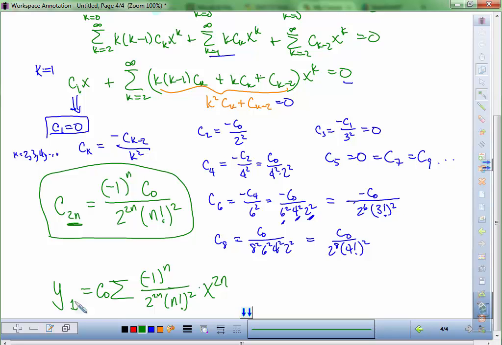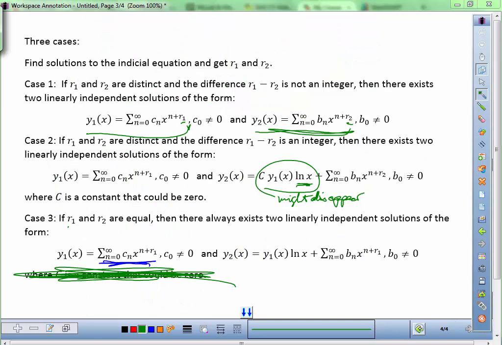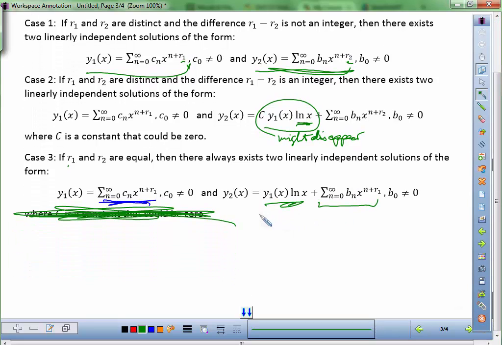What's y2 equal to? Yeah, y2 plus another b. Oh, what's the other b? All right, so we have some bad news.